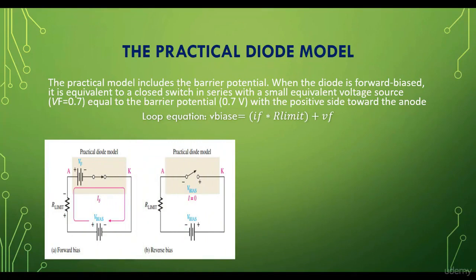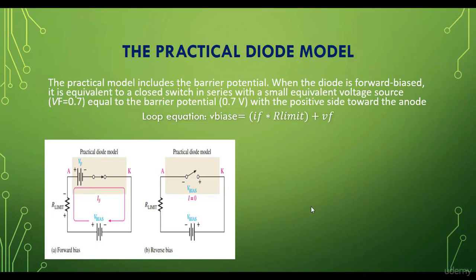In this figure, you can see we replace the diode with a closed switch in series with a VF battery source, and the value of VF is equal to 0.7 for the case of silicon and 0.3 for the case of germanium.